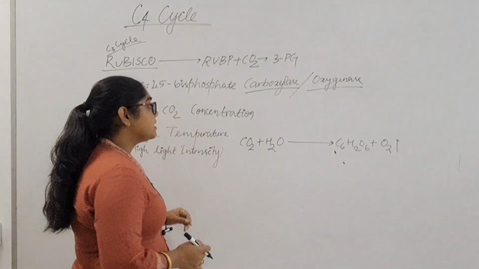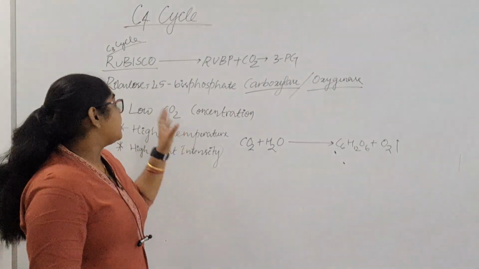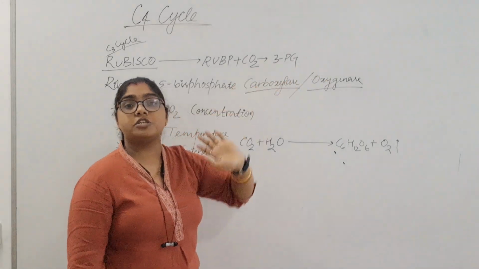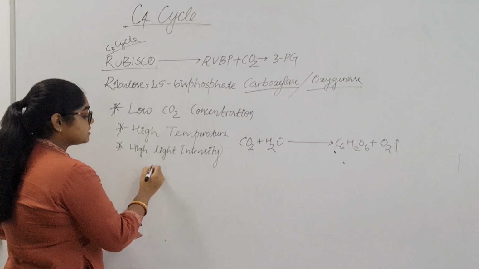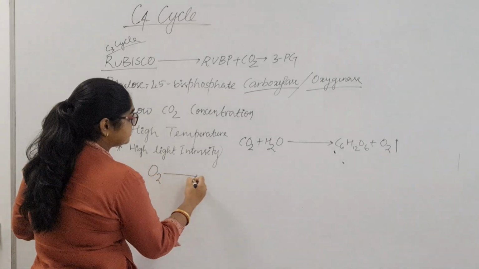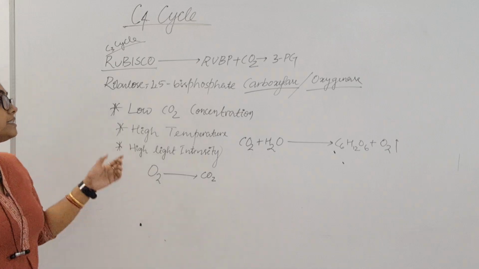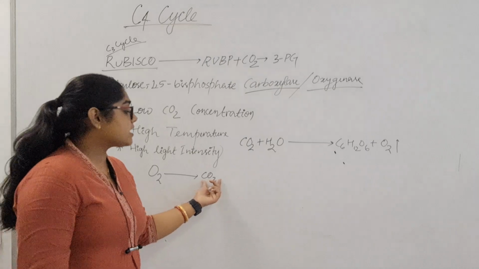So it starts fixing the oxygen molecule. It inactivates the carboxylation process and activates the oxygenation process. RuBisCO uses the oxygen molecule and releases carbon dioxide.